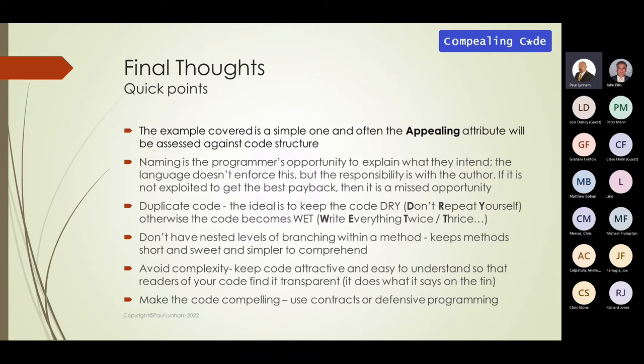Okay, so let's just have a look at some of these quick points. This example covered a very simple, I'd say even trivial, example of what can happen with code. And the appealing attribute is usually assessed against code structure. Obviously, in the small example we had, it's more difficult.